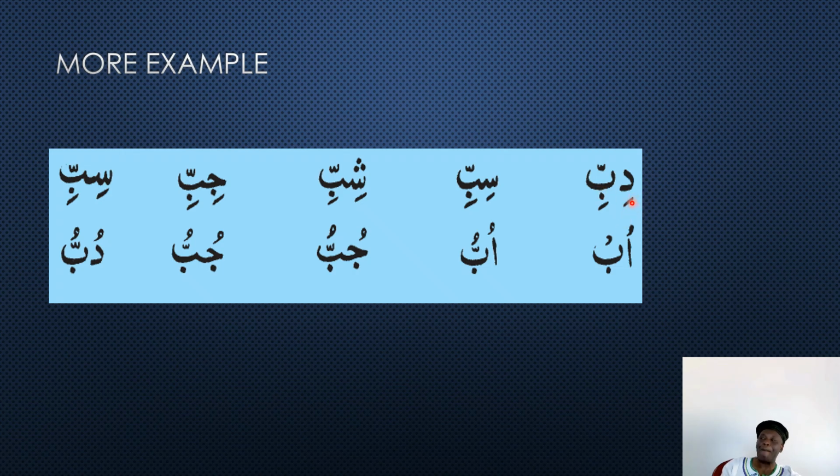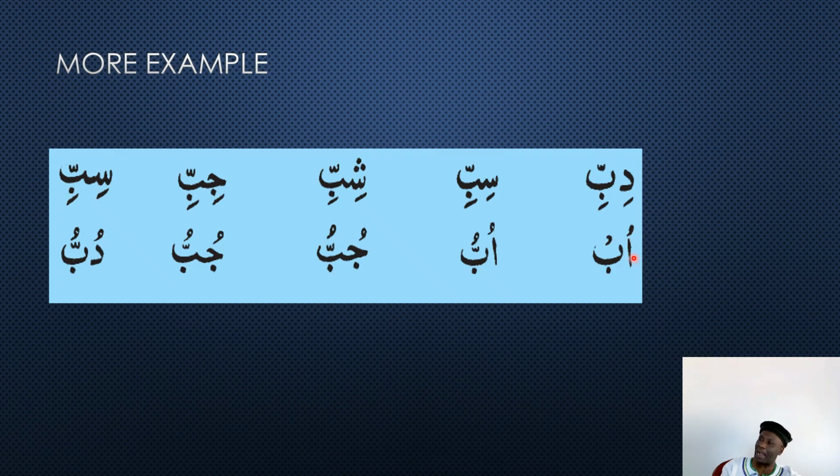It's pronounced deb-b, because of that shadda you have to make a double B there. Sin kasr, ba shadda kasr, sib-b. Here the same, shib-b.